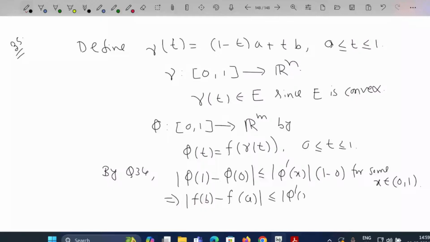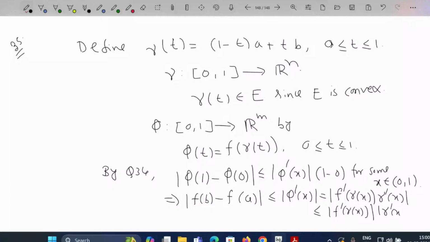But what is mod of phi dash x? By chain rule, it is f dash of gamma of x into gamma dash of x. So this is less than or equal to the norm of f dash of gamma of x, the linear operator norm, into mod of gamma dash x. Now what is gamma dash?